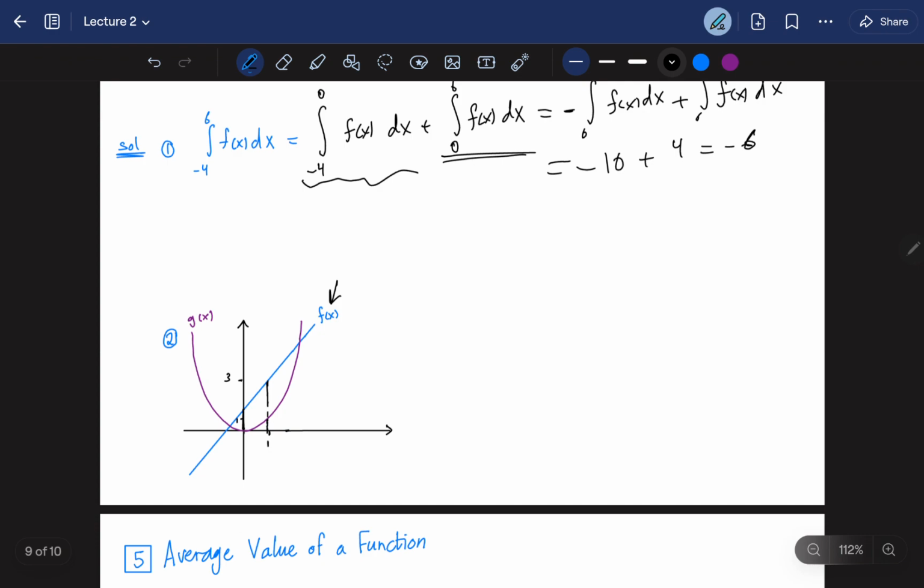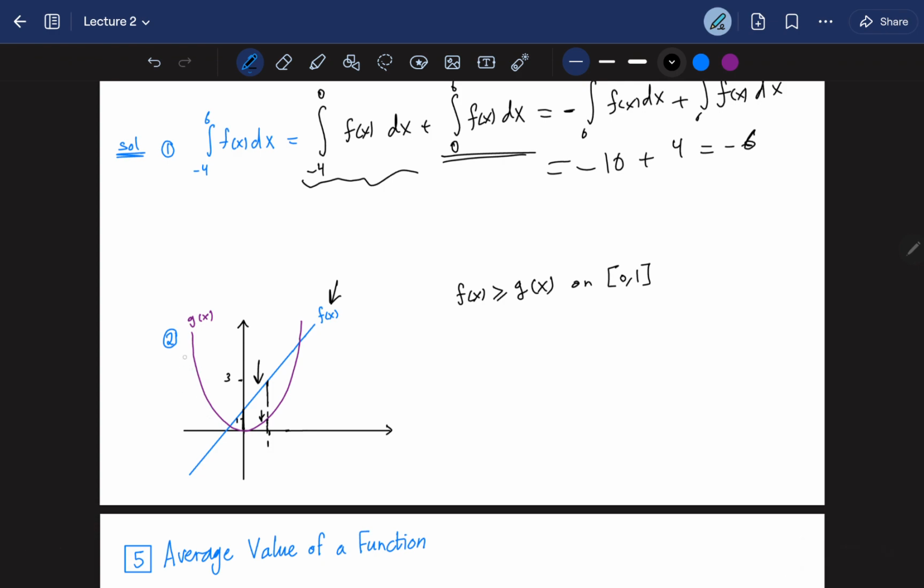So if you notice, from 0 to 1, my function f is above my function g. So when a function is above the other one, it means that f of x is bigger than or equal to g of x on 0 to 1.